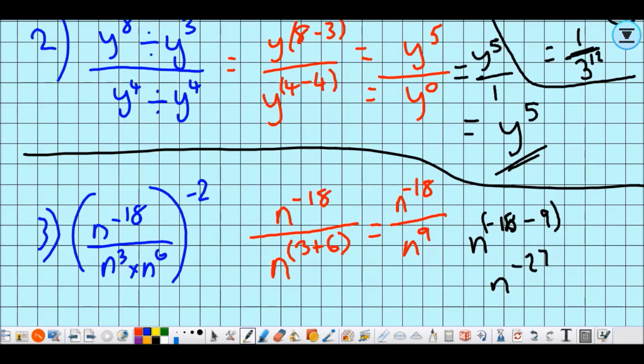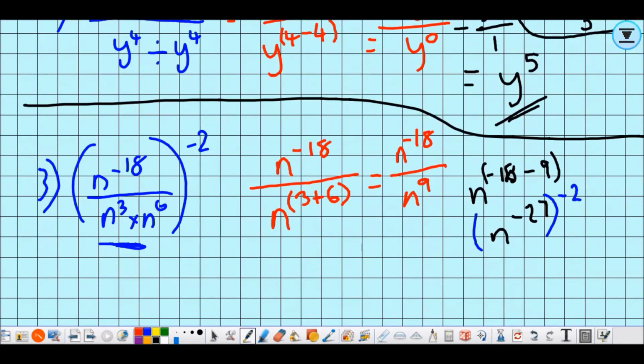Remember, at this point we are still inside the bracket, so we've calculated all of this inside the bracket, and we're left with n to the negative 27. It's just a different way of writing it. Remember, this is raised to the negative 2, and I'm going to multiply this together. So if I multiply this out, I end up with n to the negative 27 multiplied by negative 2.